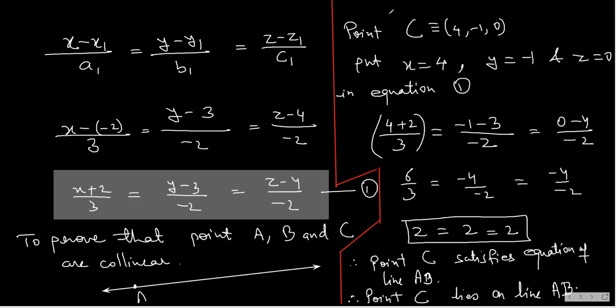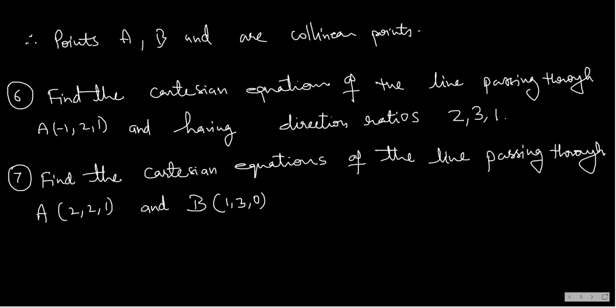Therefore, I will write, therefore, the 3 points A, B, and C are collinear points. Very simple problem. Please copy this.